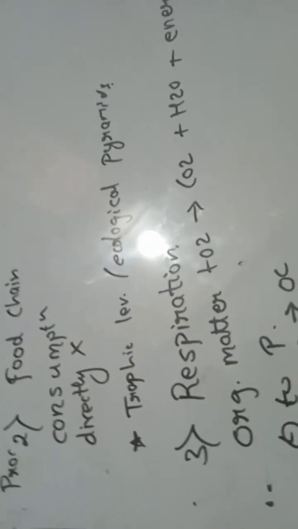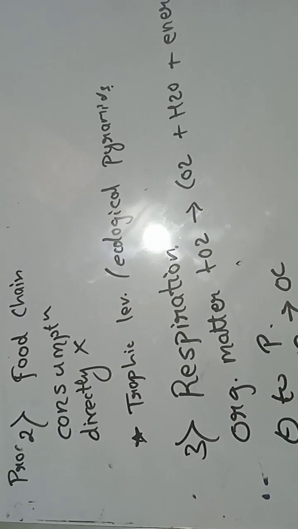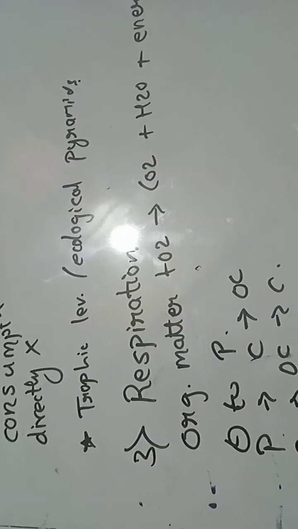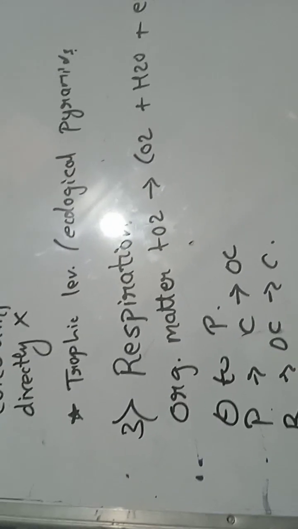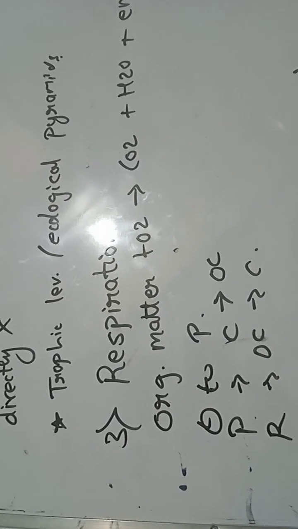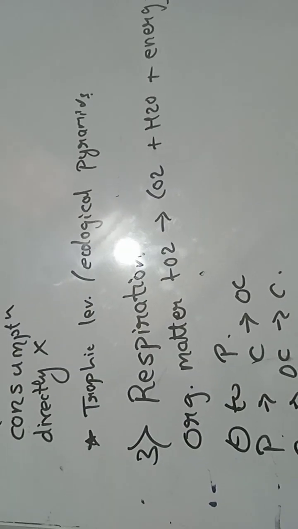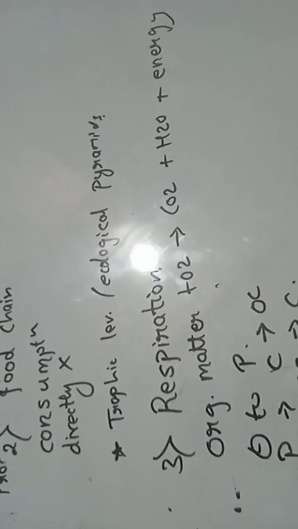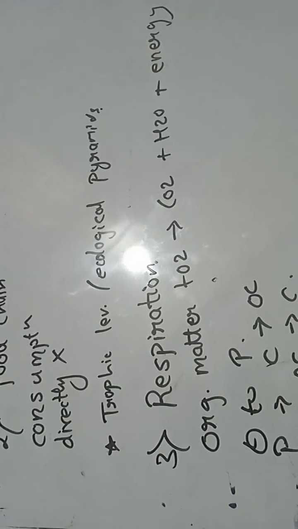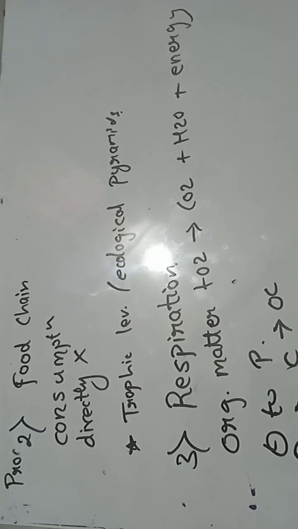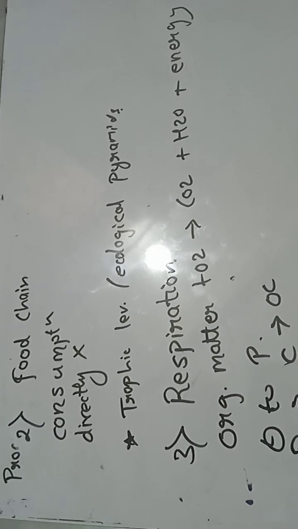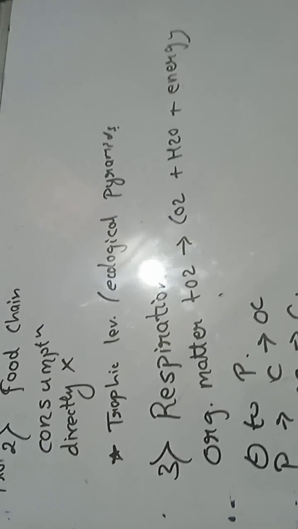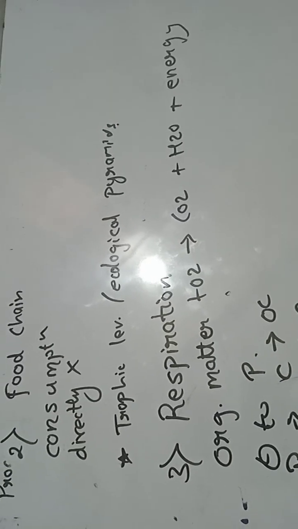So pay extra attention to the processes and the names of the processes. The first process was photosynthesis, through which carbon entered the living world. Now as it has entered the biomass of the plant, the second process is consumption, and the consumption is forming a food chain.